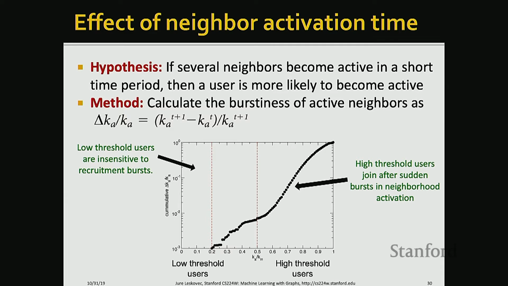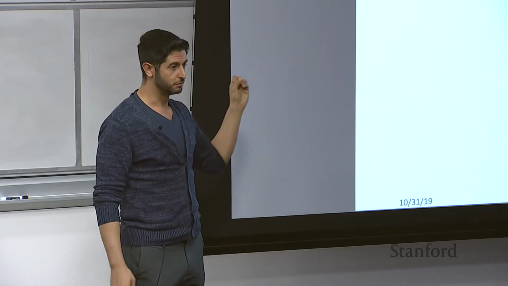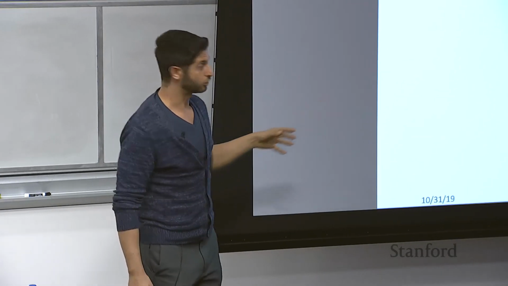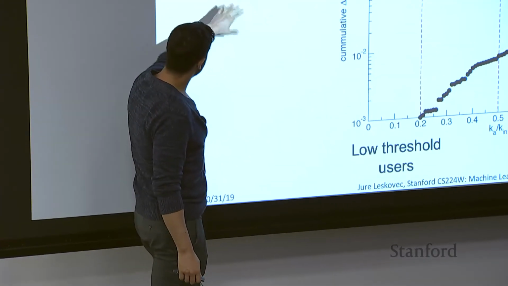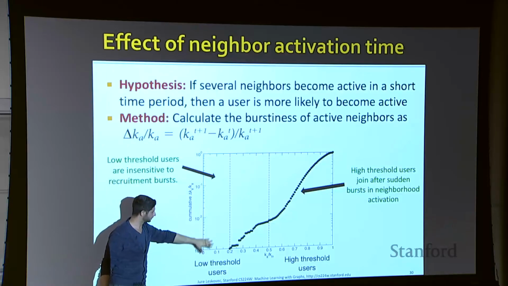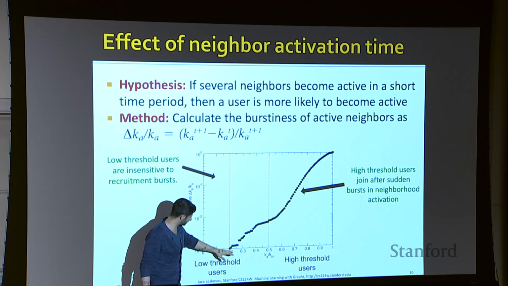Now, this doesn't apply once again to all the users, right? Because otherwise, we wouldn't be getting the start of this cascade at all. So as you can see here, people that have low thresholds are insensitive even to this recurrent burstiness, okay? So this is our low threshold, remember before, around 0.1, 0.2.